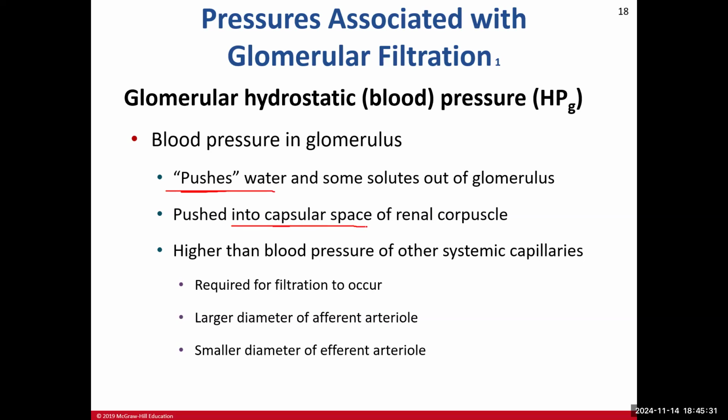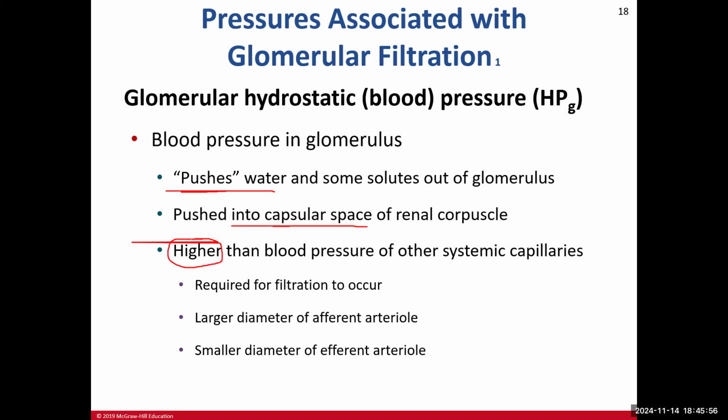If you look here, this is an important thing. This pressure is going to be higher than your systemic blood pressure in your other capillaries. Because remember, the blood pressure in your capillaries would go from 40 millimeters of mercury at the arterial end of the capillary bed to 20 millimeters of mercury at the venule end of the capillary bed.